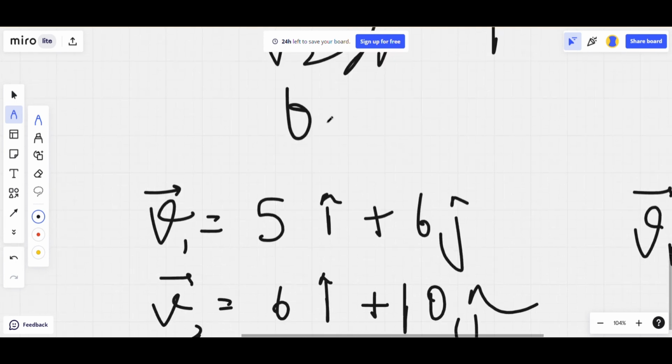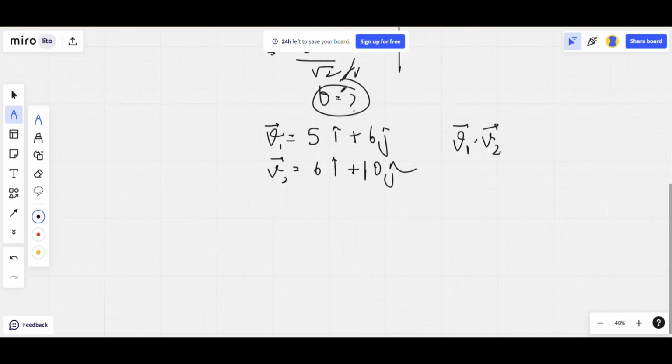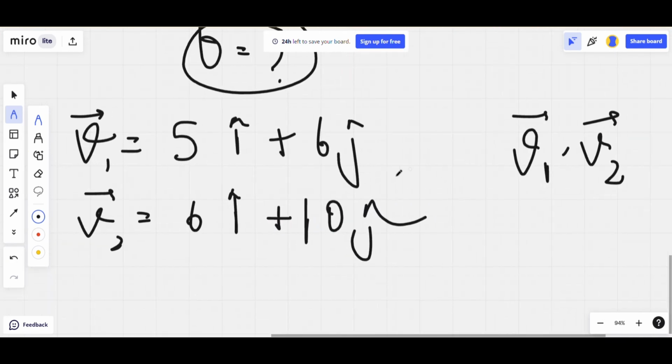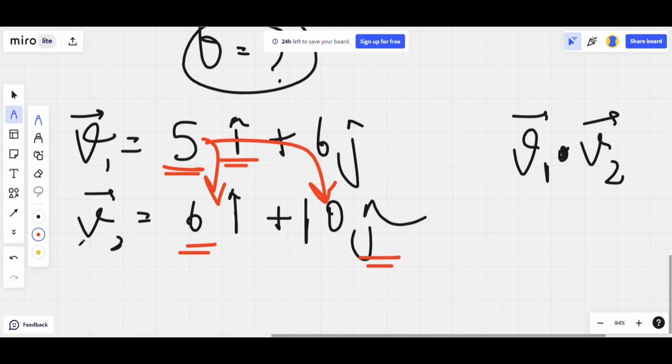We do not have theta, and this formula revolves around theta. We do not have theta, so how do we do it? The dot product involves multiplying the coefficients to each other, but we also multiply the unit vectors.